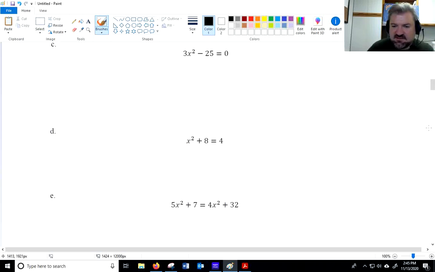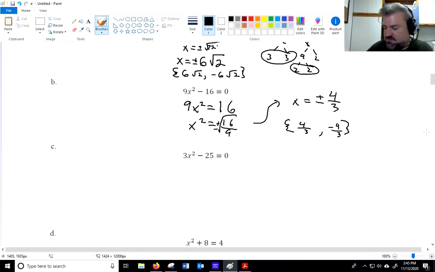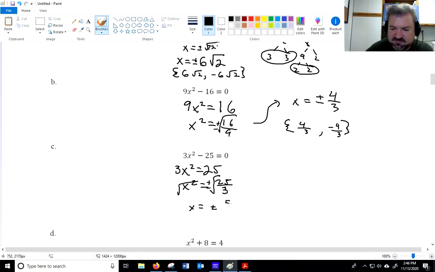All right, let's take a look at the next one. No way you could solve this next one by factoring, though. Just going to have to use our square roots, I'm afraid. Which is fine. That's what we're practicing, right? So that's x squared equals 25 over 3. And I'll take the plus or minus square root of both sides. And I get x equals plus or minus, we take the square root of the top and the square root of the bottom. The square root of the top is 5, and the square root of the bottom is the square root of 3. But we're not supposed to leave a radical in the denominator.